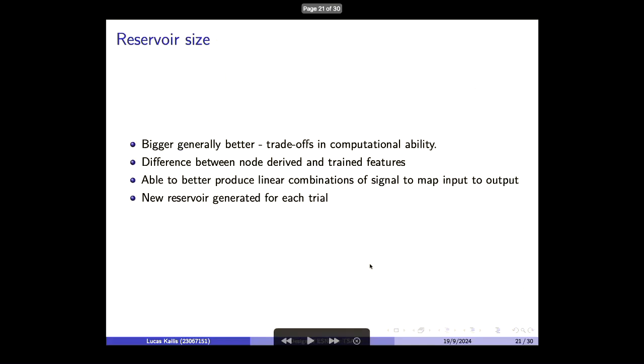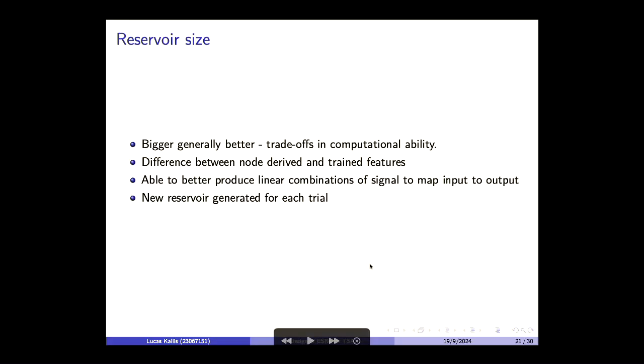So the reason for this would be because the reservoir size is concerned with the training of the features, because as I said, you're trying to construct the target using a linear combination of values from those readouts. So the value of the readout is more important in constructing that representation, and with more nodes you're able to construct a better model for your trained output.